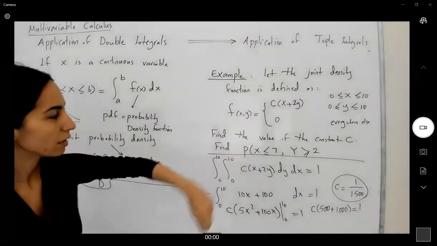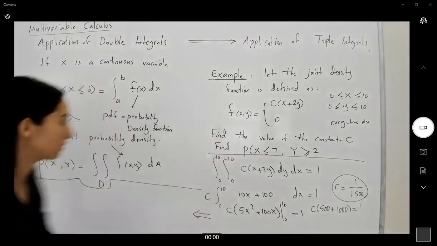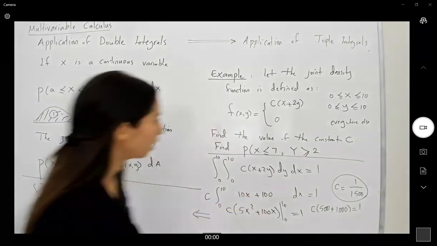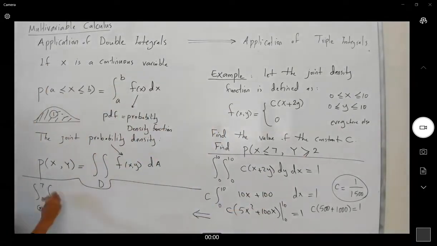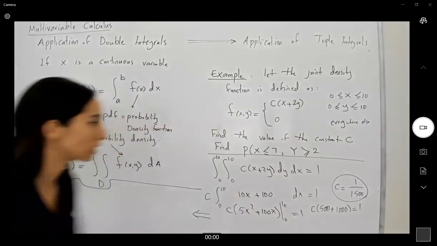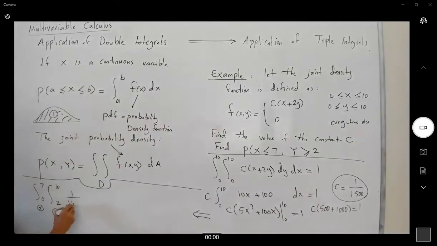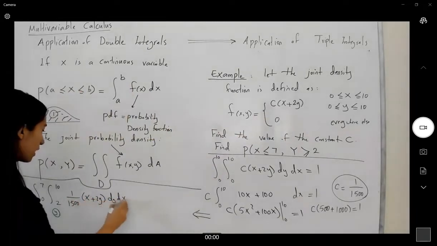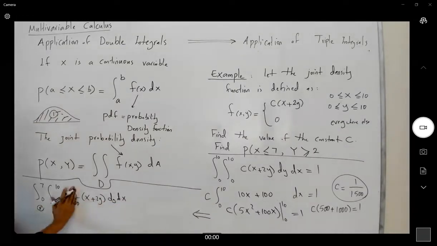My x is in between 0 to 7, and my y is in between 2 to 10. And I have c, which is 1 over 1,500, times the function x plus 2y, dy dx.